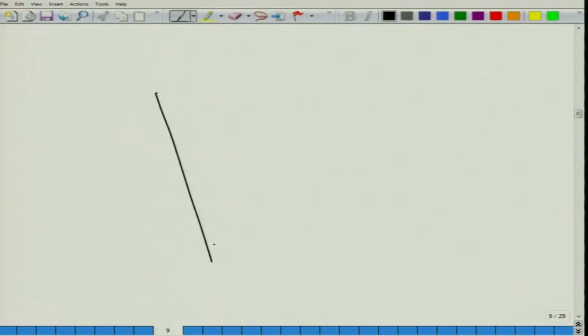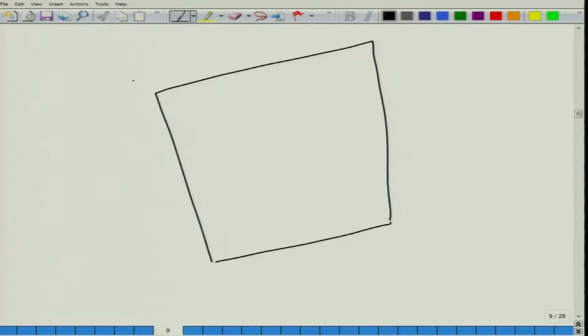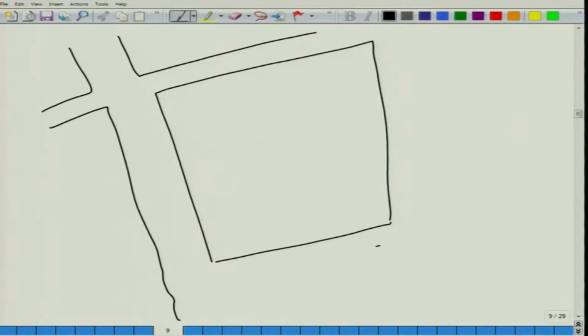So, suppose you have this forest and suppose we have a road here. What will happen in that case? Now, let us look at the top view. Suppose we have trees here.